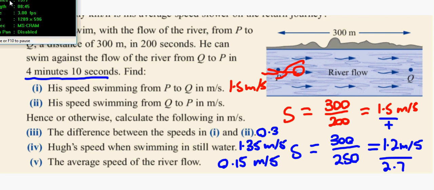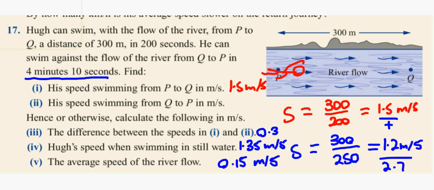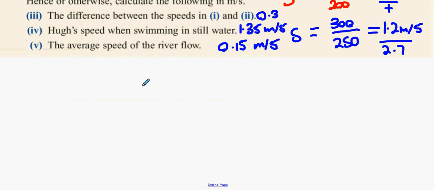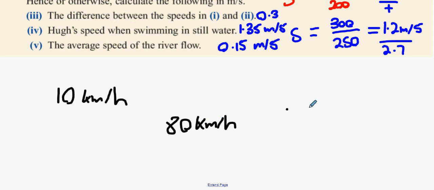I got that. So, just to hit this point home, there is a bit of misunderstanding going on. So get this, guys, all right? Imagine I had a 10 kilometer an hour wind, similar to the river, yeah? And my car can go 80 kilometers an hour. How fast can I go down the road if the wind is on my back? 90.